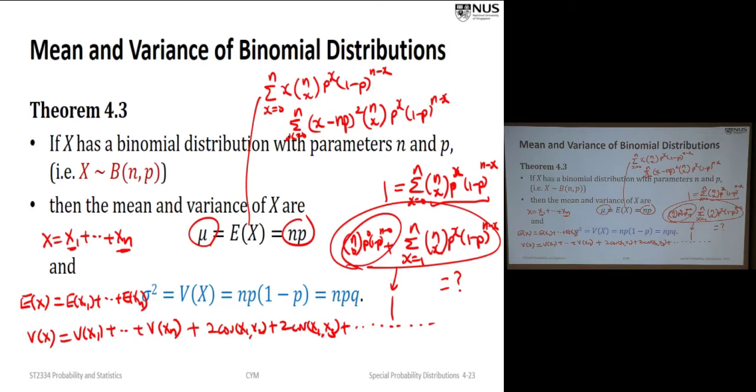So you want them to disappear. Maybe your mind is so strong that they disappeared. But you have to tell me the reasons why they disappeared. What's the covariance of x1, x2? Are x1, x2 independent? The outcome of the first trial, whether it's a success or not, and the outcome of the second trial are independent.